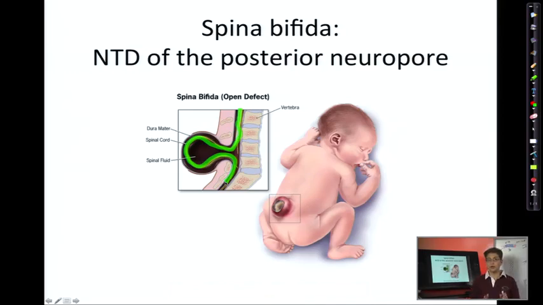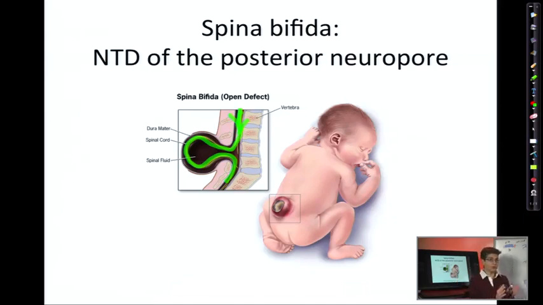Now, first of all, that's a problem because there's really not much protecting the spinal cord. But in addition, as you may imagine, because this is longer, it actually tugs on the brain. And so the brain is pulled back. And so associated with very severe spina bifida can be some brain abnormalities just because the brain is under such a stress. This needs to be corrected surgically.